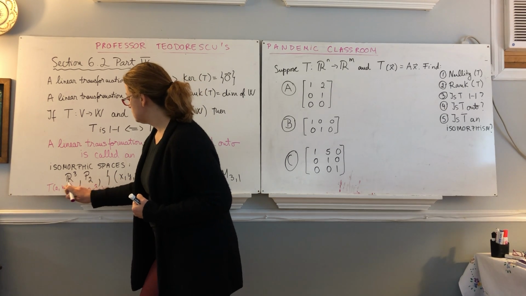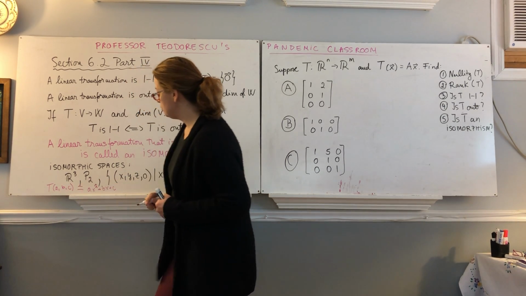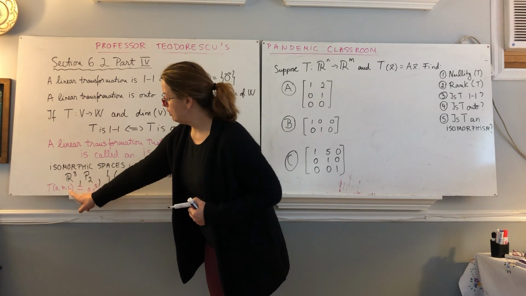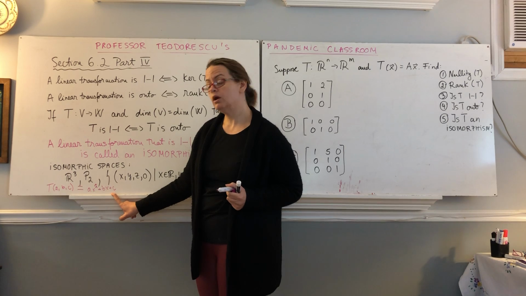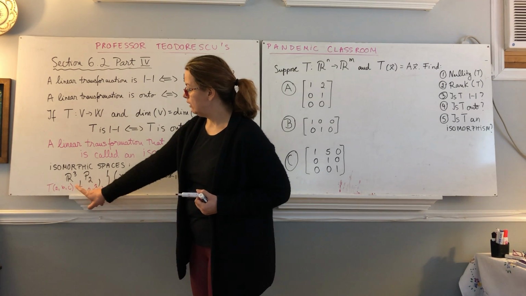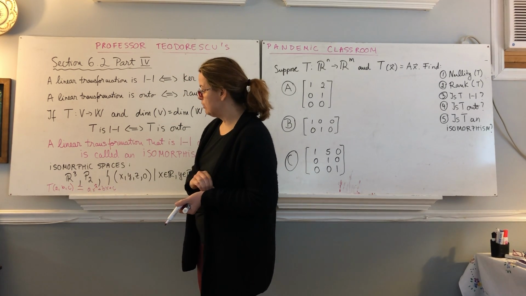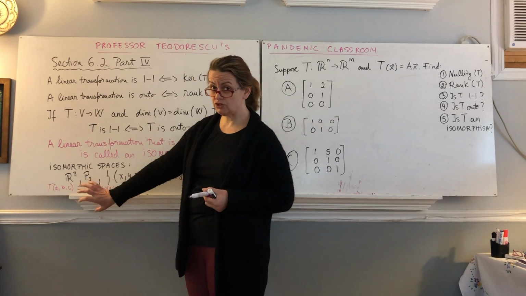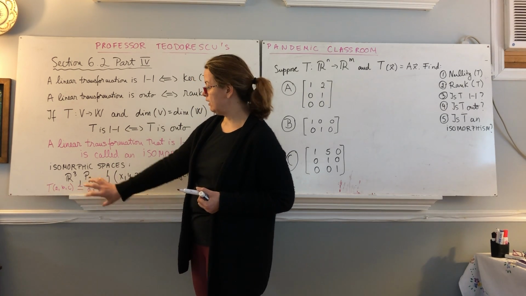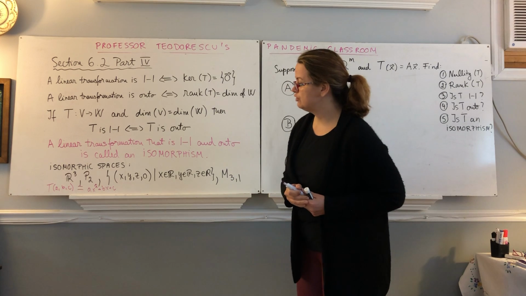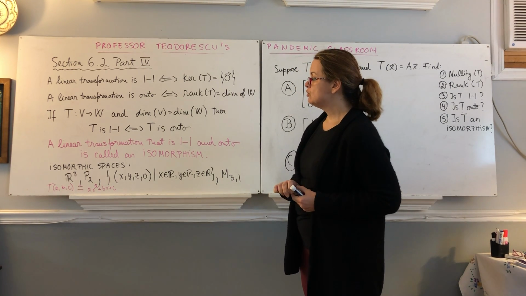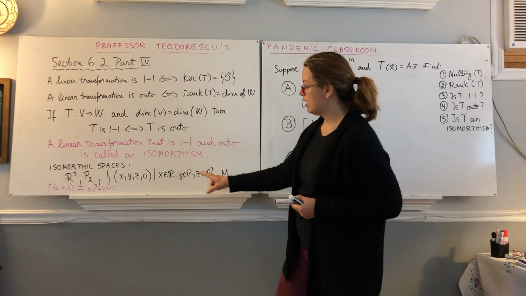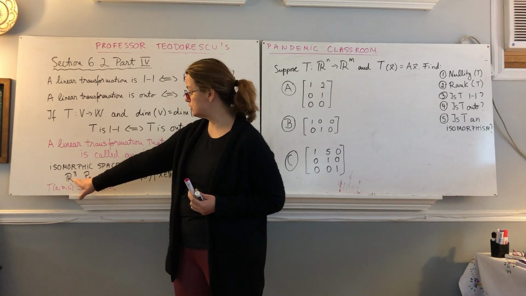This is a linear transformation that takes each vector in R3 to a polynomial in P2, and in the next section, 6.3, we're going to be able to create a matrix that gives this transformation, and then we'll show that that matrix is 1 to 1 and onto. So you can show that the following are isomorphic spaces. That's just an example.